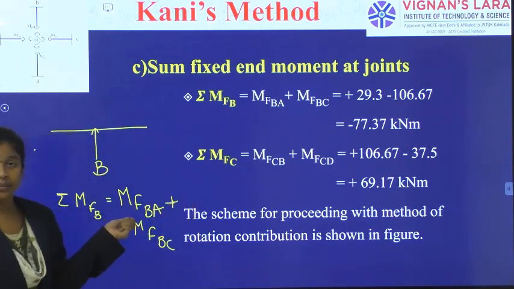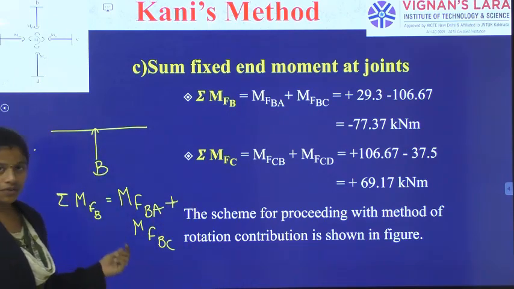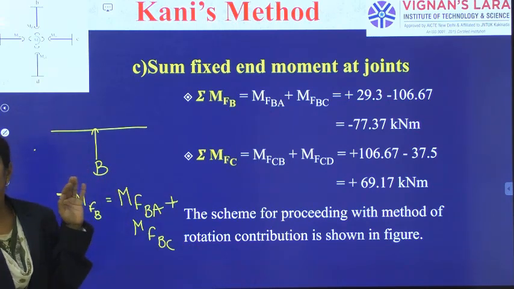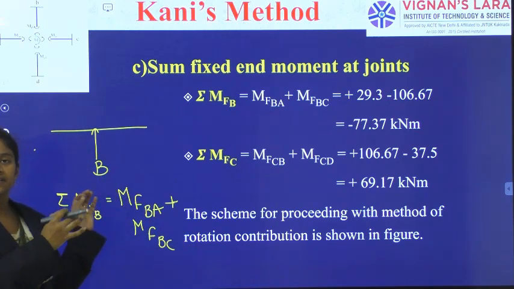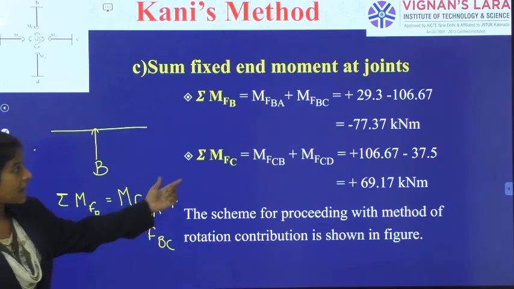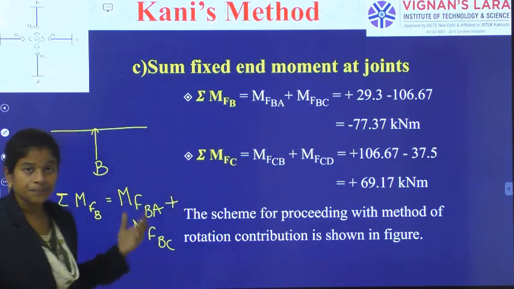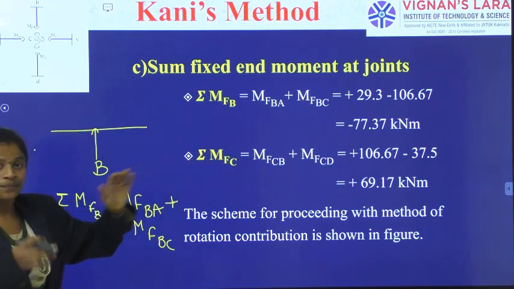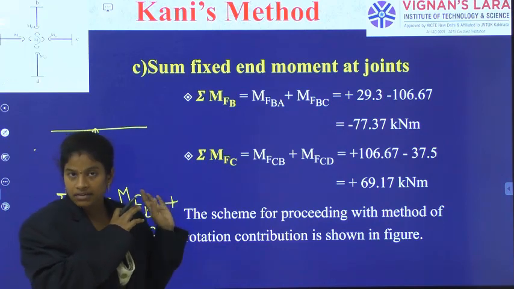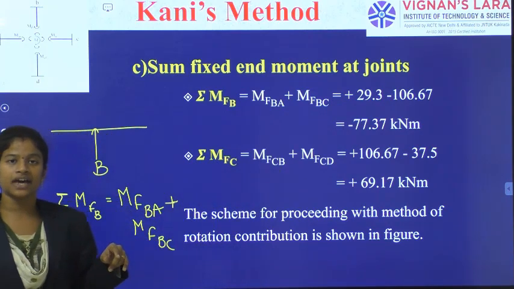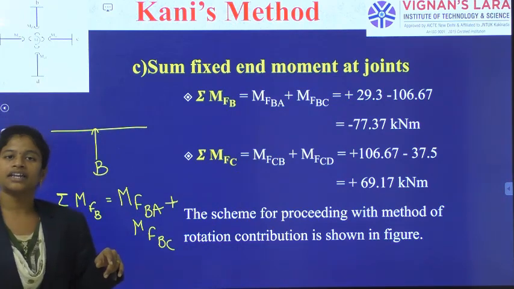Summation of the fixed end moment at B towards A and at B towards C. Without thinking anything, the quantities we got in the fixed end moment, with the sign as it is, we will place here. MFBA I got plus 29.3, MFBC I got minus 106.67. The plus and minus signs we kept there, I am keeping here as it is, because in the first step itself I considered clockwise positive, anticlockwise negative.